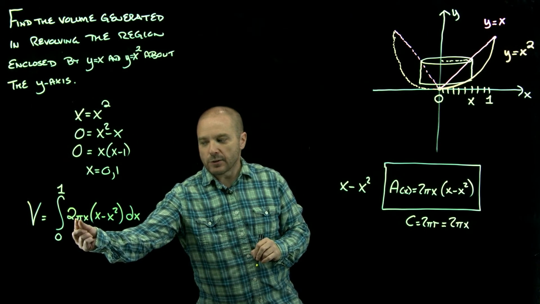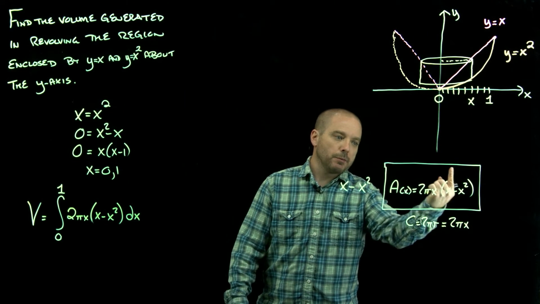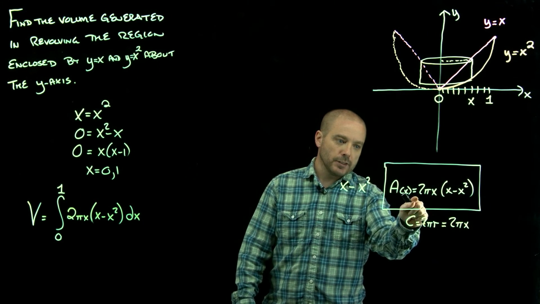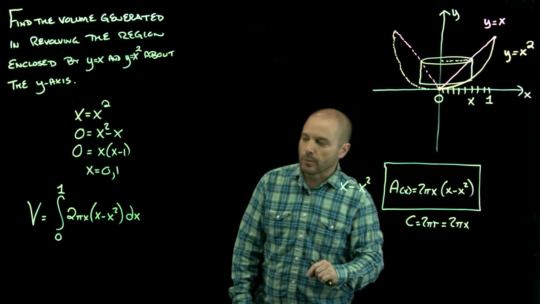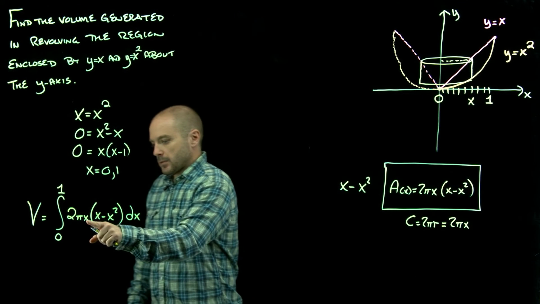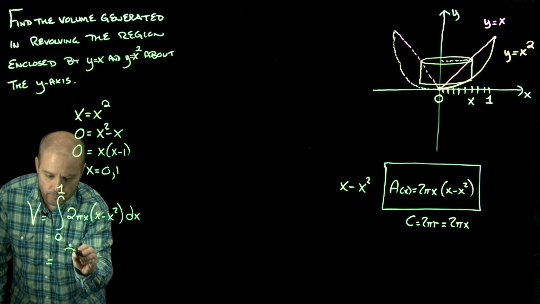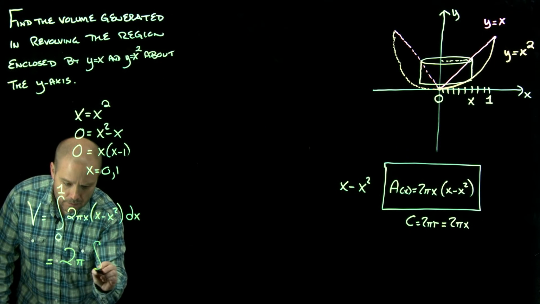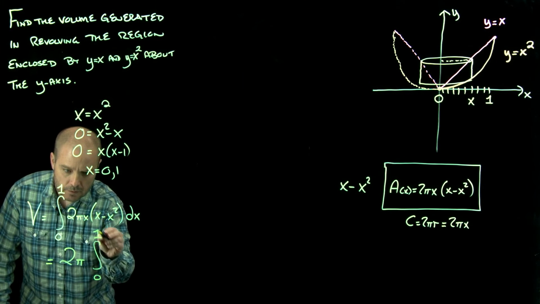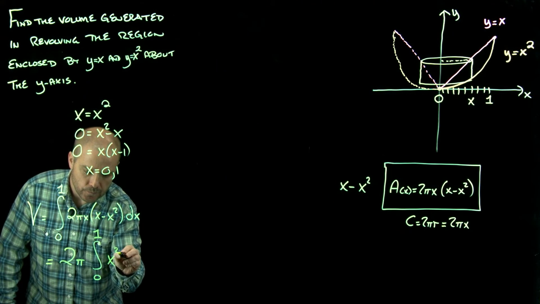Again, you'll always have that 2 pi in there. That just comes from the geometry of what we're creating. That circumference is always going to generate a 2 pi. So again, your first step would be to just get that constant out of there. Distribute your x through.